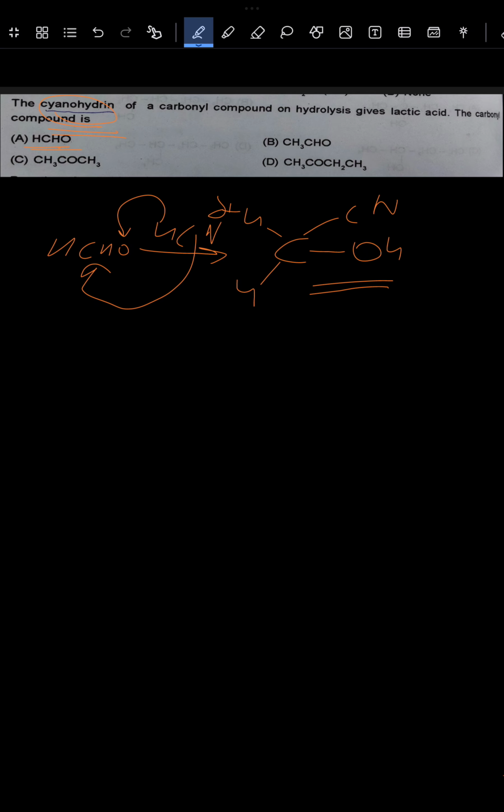Okay, and what happens in this mechanism is we have H at O, and this cyanide group or the carbon group goes on the carbon. So we have something similar to this. And if we hydrolyze it, we get this.